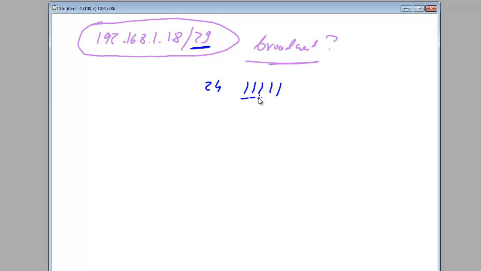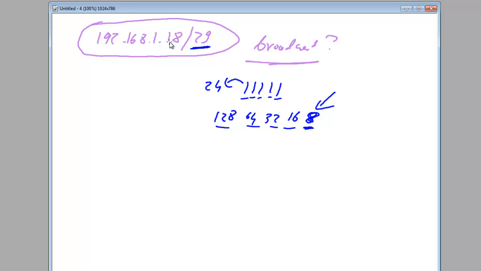So we have 5 bits on top of this 24: 24 plus 5. So what is our increment? I'm not sure if you remember the binary chart: 128, 64, 32, 16, 8. That's 1, 2, 3, 4, 5. So that is our increment of 8.